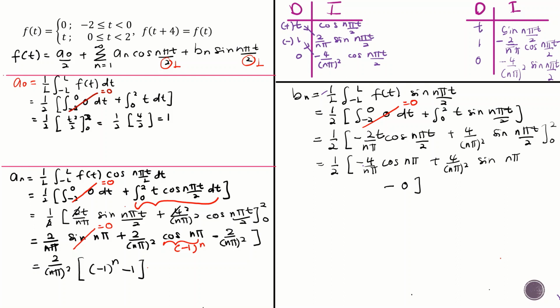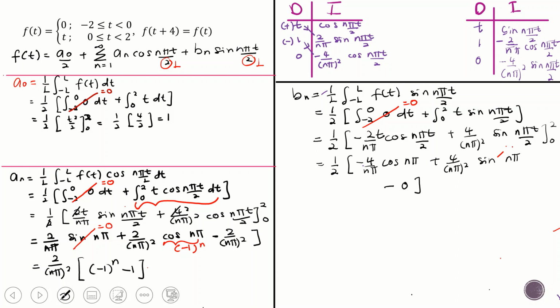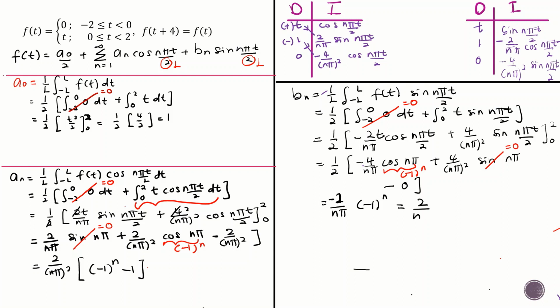The useful trigo identity says that sine n pi is 0, while cos n pi is minus 1 to the power of n. We are about to finish the calculation. So this is minus 2 over n pi, negative 1 to the power of n. So this is equal to 2 over n pi, negative 1 to the power of n plus 1.